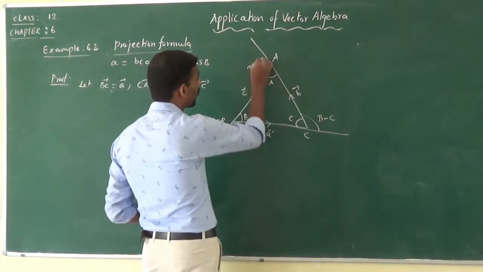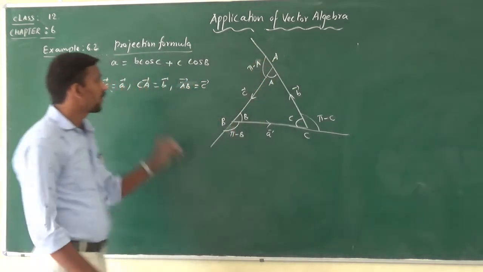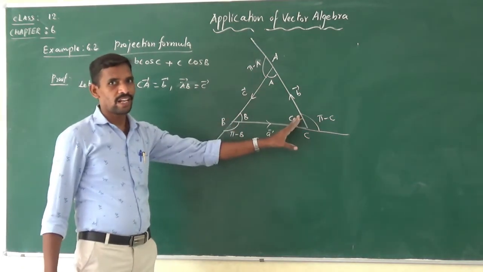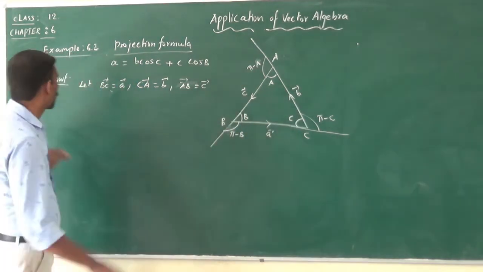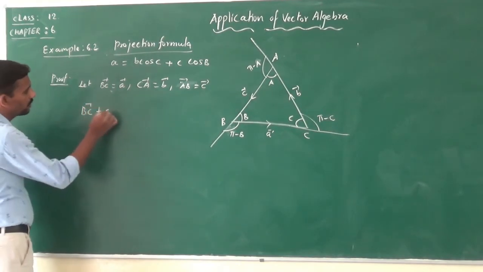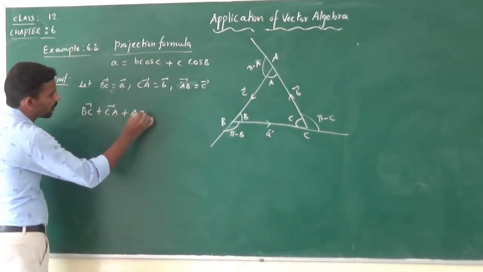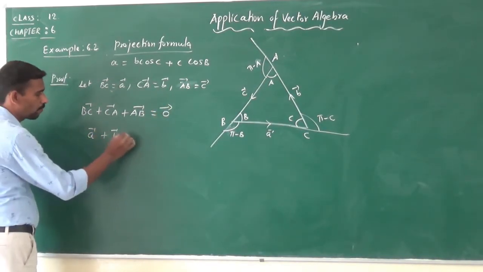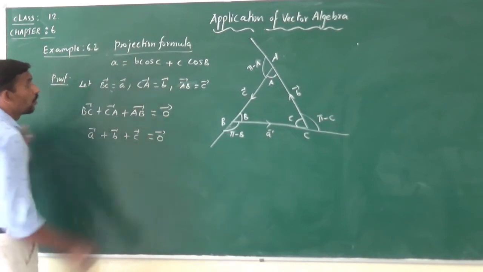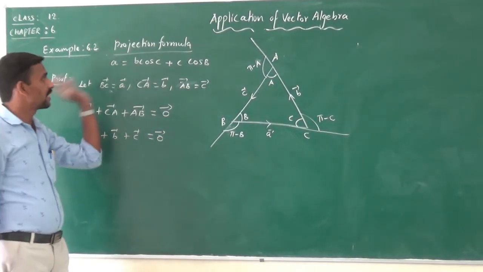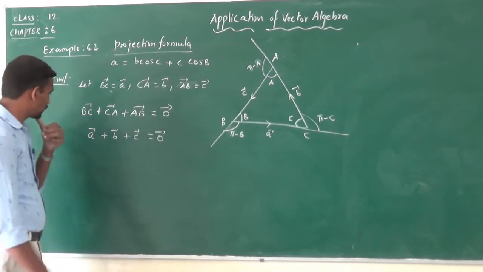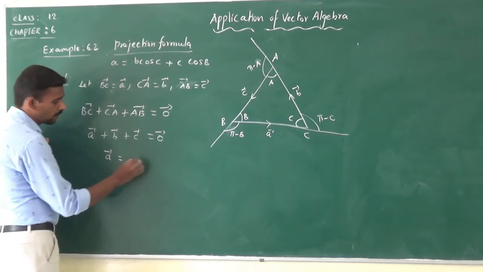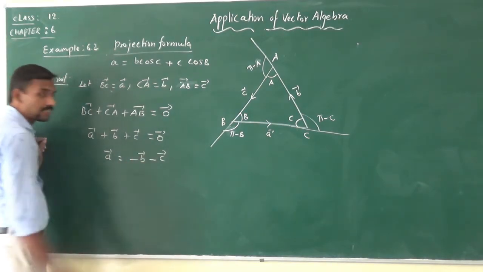So BC vector plus CA vector plus AB vector is equal to 0 vector. So a vector plus b vector plus c vector is equal to 0 vector. Keep a vector on the left side and take the remaining two vectors to the right side: a vector equals minus b vector minus c vector.